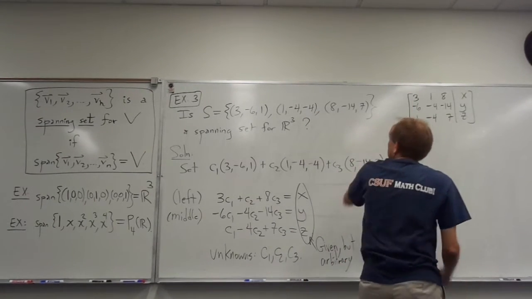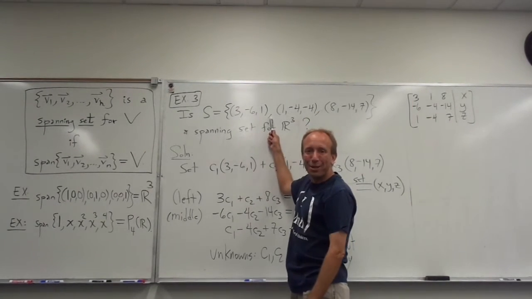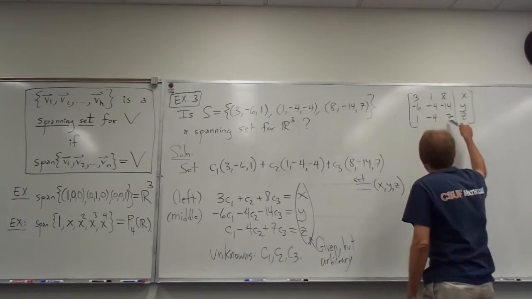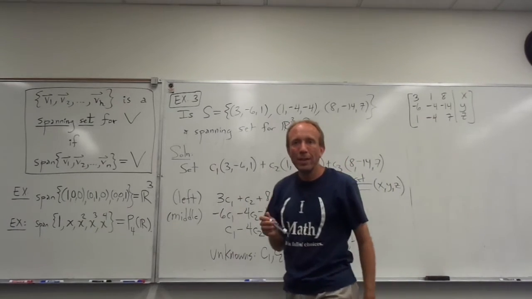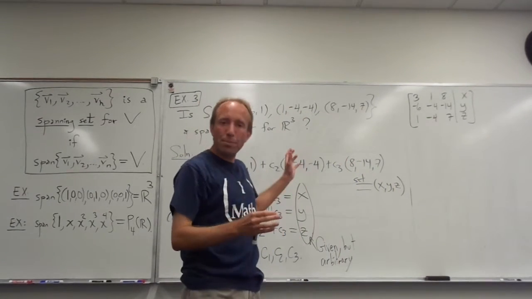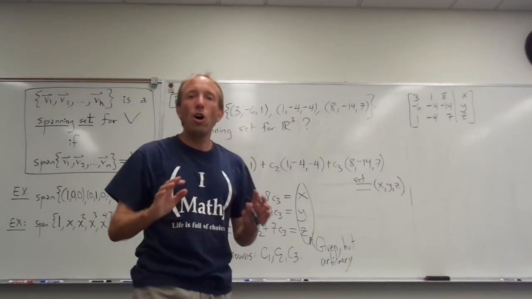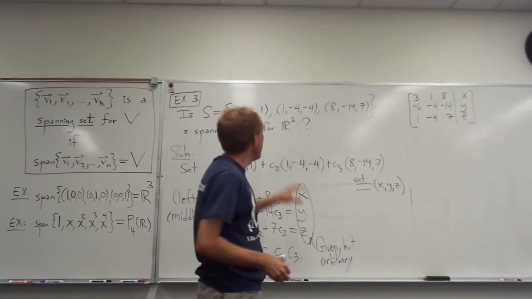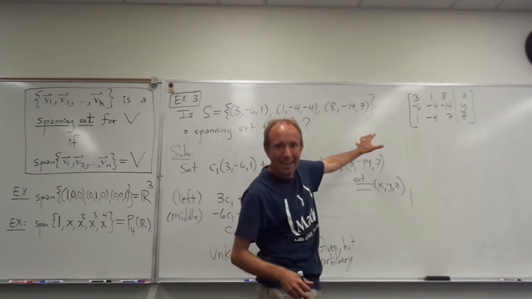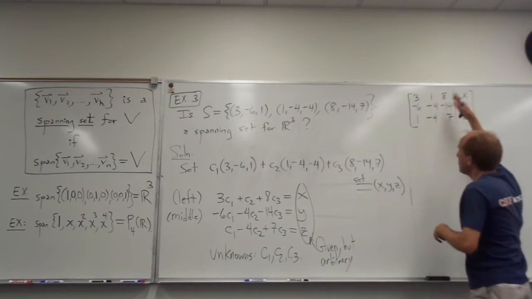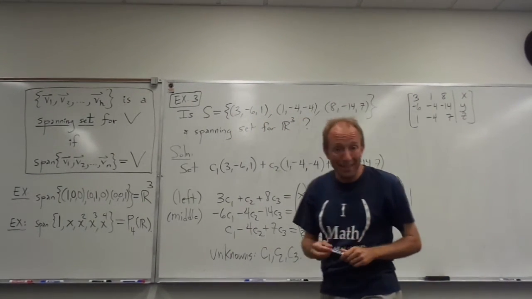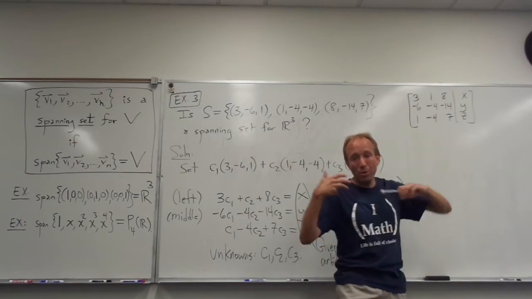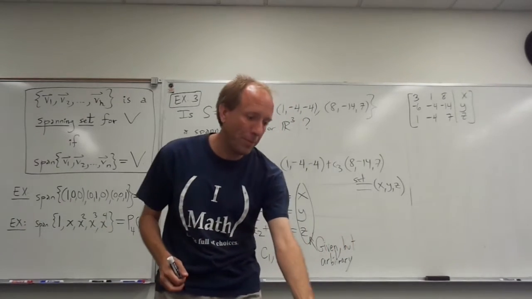The first column is just the first vector that we started with. The second column is the second vector, and the third column is the third vector. And when you're doing this process, guys, that is always going to happen. That's not just a fluke on this problem. So the original vectors that you had end up in the columns of this matrix. So you really could just shortcut. Instead of writing all this down, you could jump straight to this matrix and you would know that that's where you would end up.